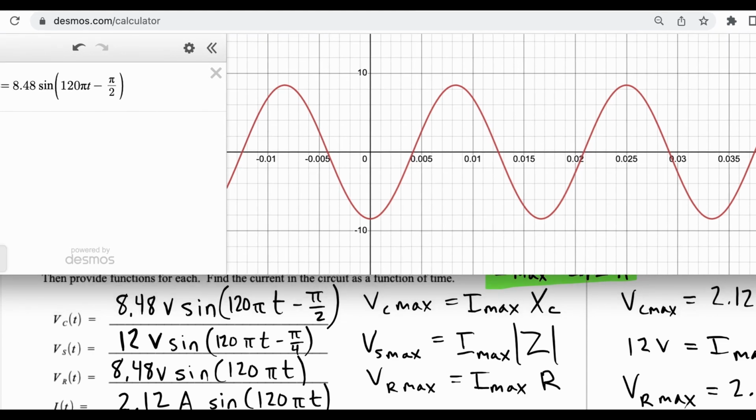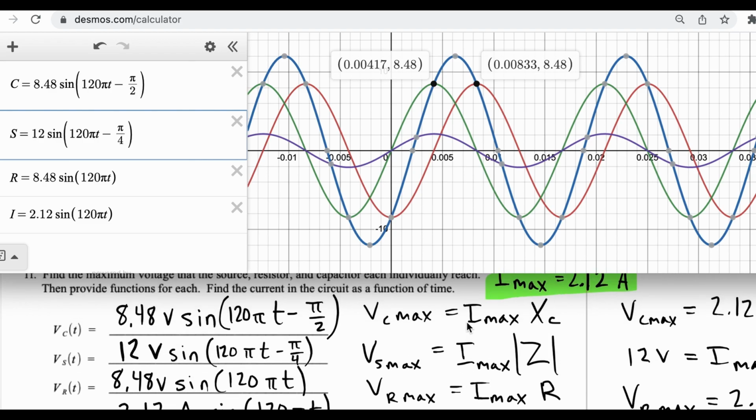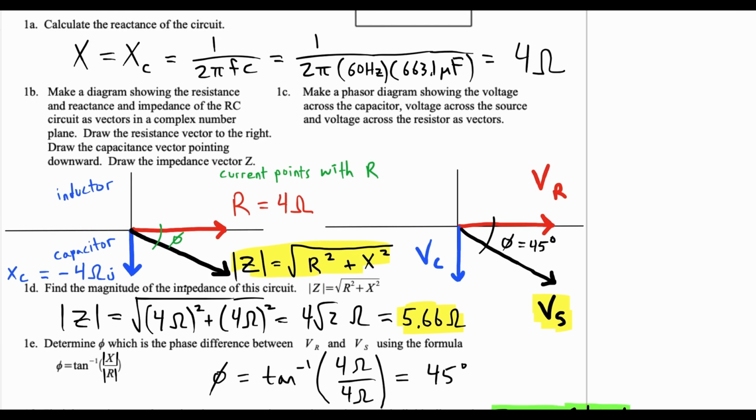Alright, so there's our capacitor voltage. Capacitor voltage follows current. This is correct. Yeah, because the capacitor voltage is 90 degrees behind. You can see it in the phasor. It's 90 degrees behind the resistor.